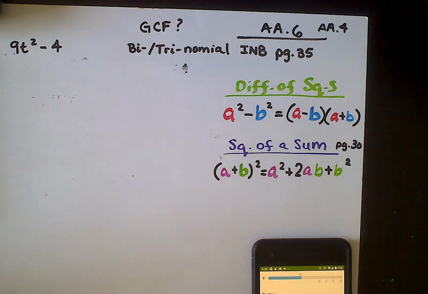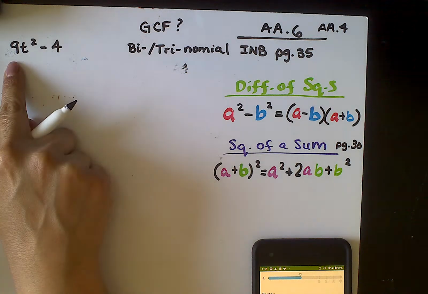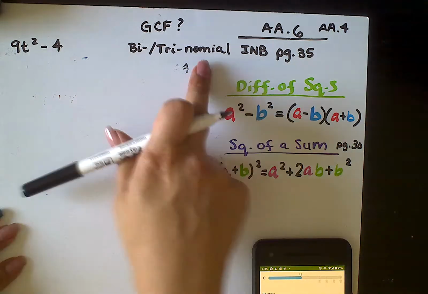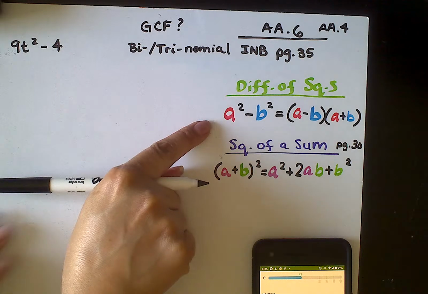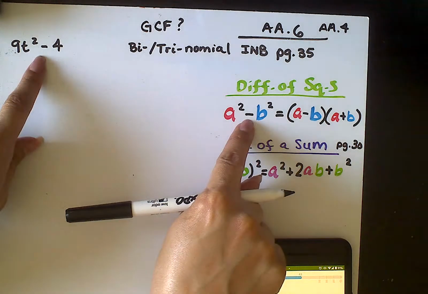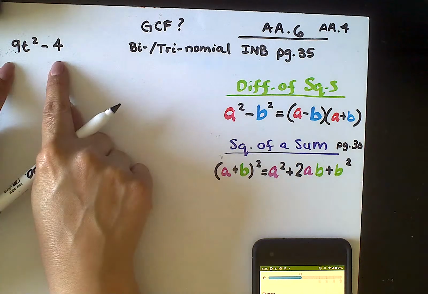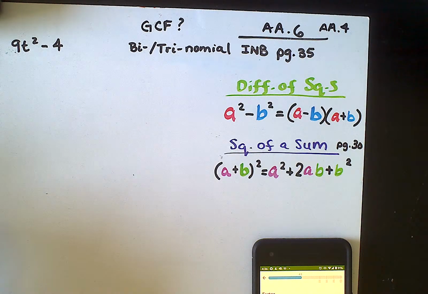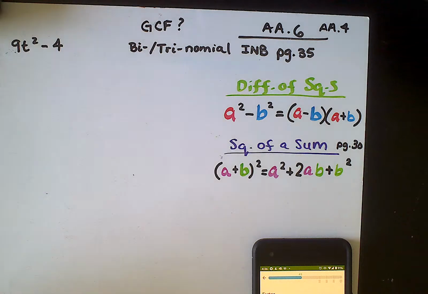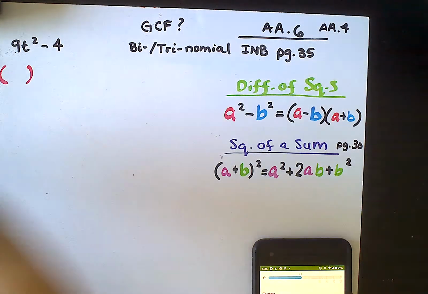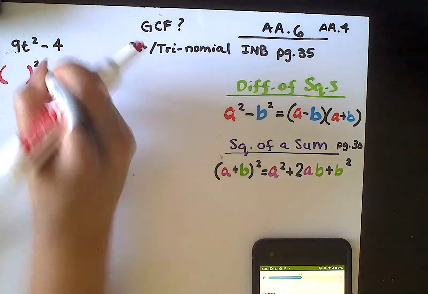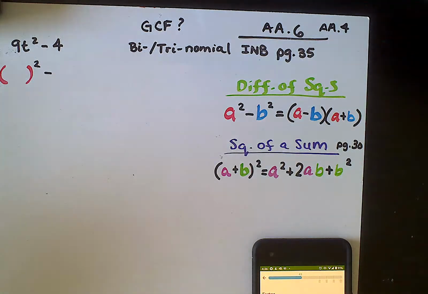Well, 9, 4, I'd say no. No GCF, but it is a binomial, so I immediately recognize that it is a difference, and I do have some squares here. So let's go ahead and rewrite this as something squared minus something squared.